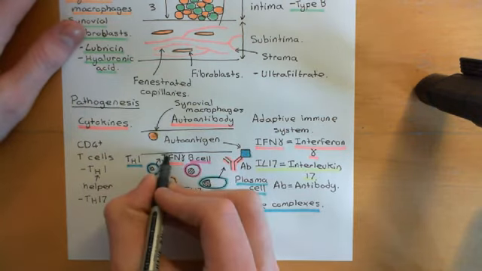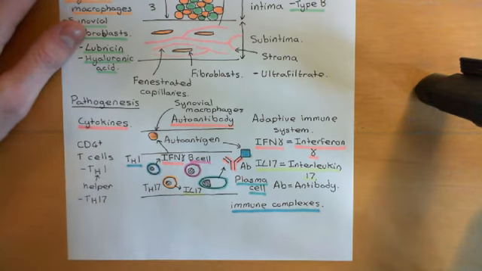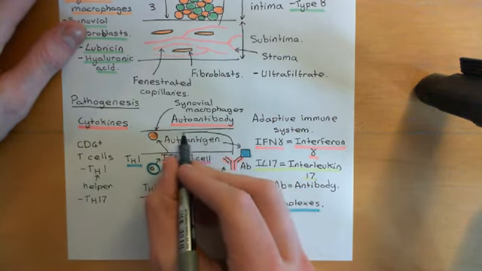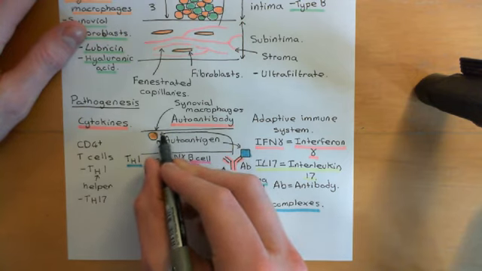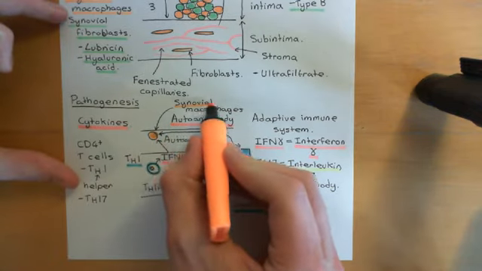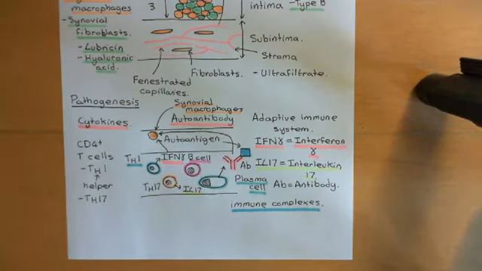Interferon gamma's main role, in fact, is to activate macrophages. And for floating immune complexes, macrophages have receptors for those as well, and they can activate these synovial macrophages too. So both of those molecules are now going to activate these synovial macrophages.